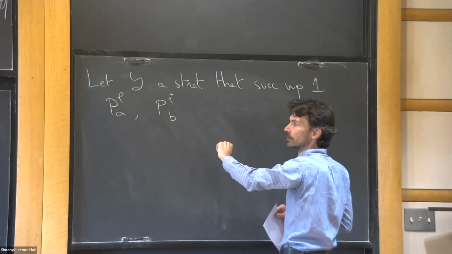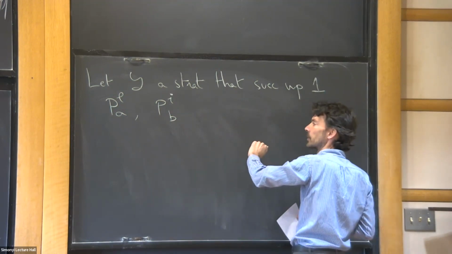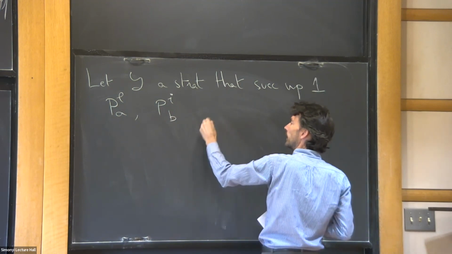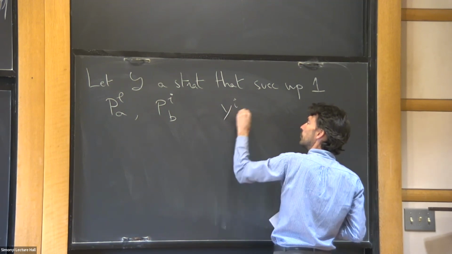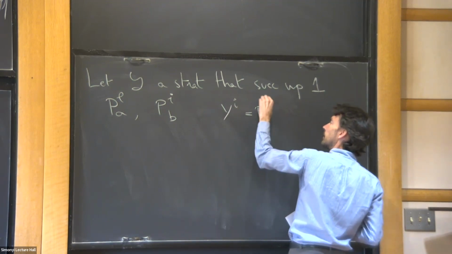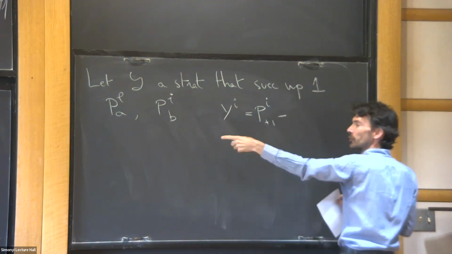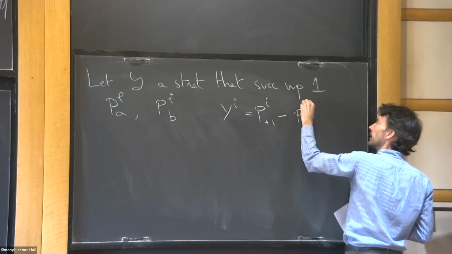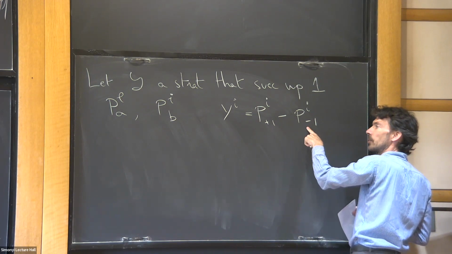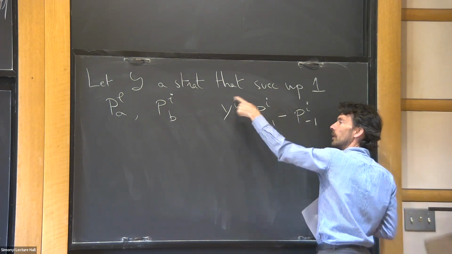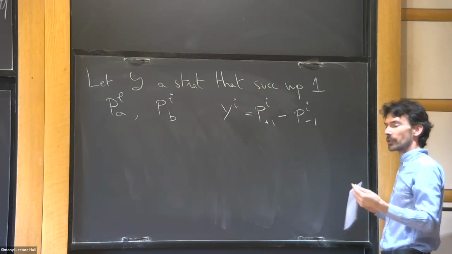So I have all these 16 projective measurements. For every i, I can define y_i to be equal to P_i(+1), so I'm doing the reverse of what I was doing over there, minus P_i(-1). These are orthogonal projections that sum to identity, so this is just a Hermitian matrix that squares to identity.